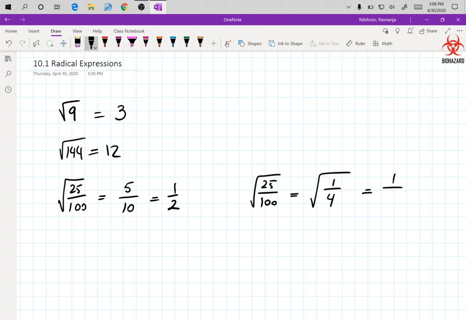Square root of 1 is 1, square root of 4 is 2. So you can do this problem either way. You can do the problem by canceling, or you can do the problem by taking the square roots and then dealing with this. So whatever way you want.